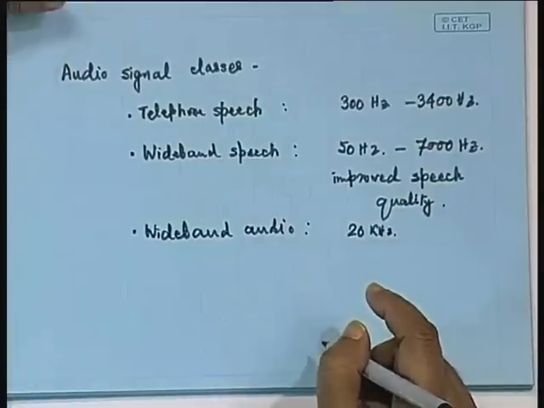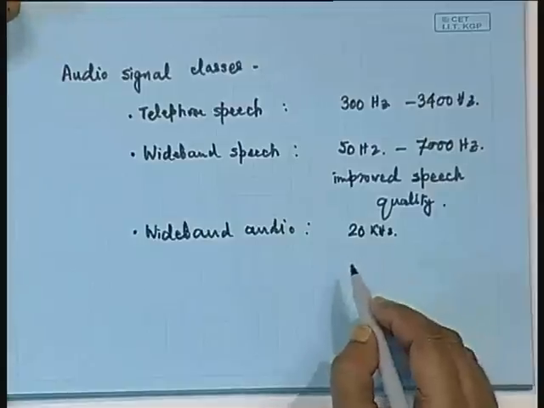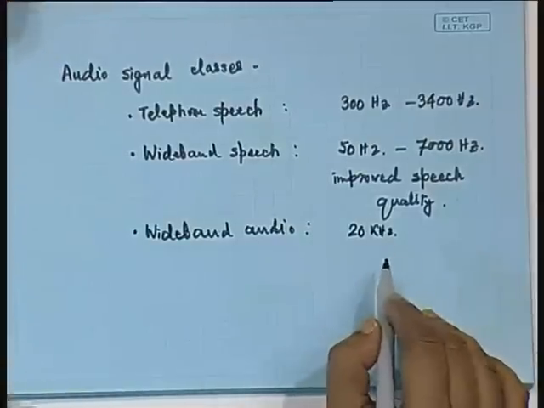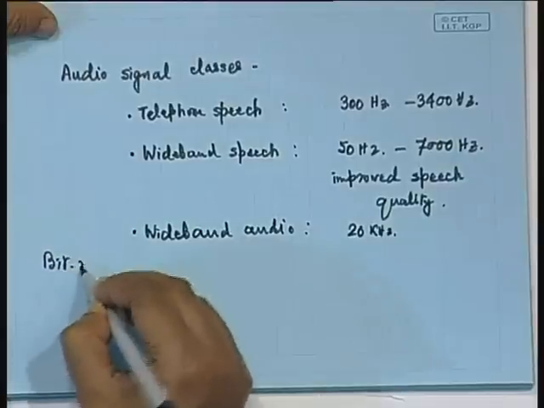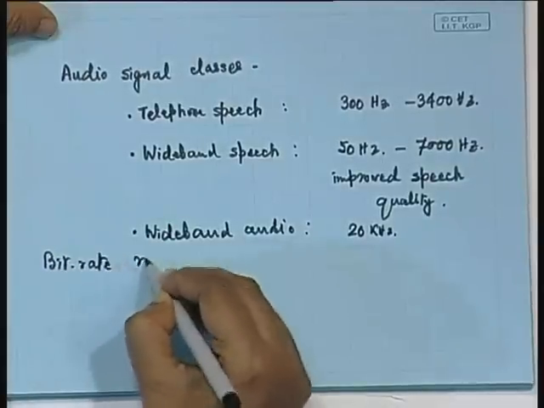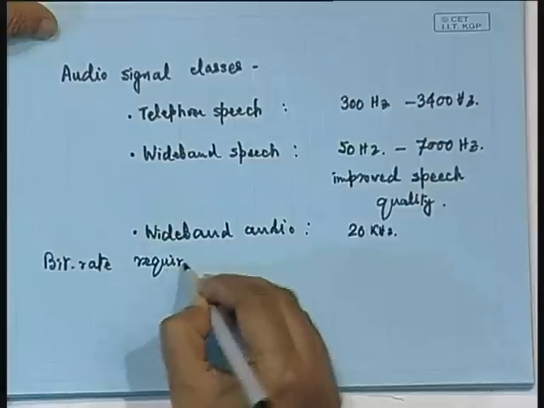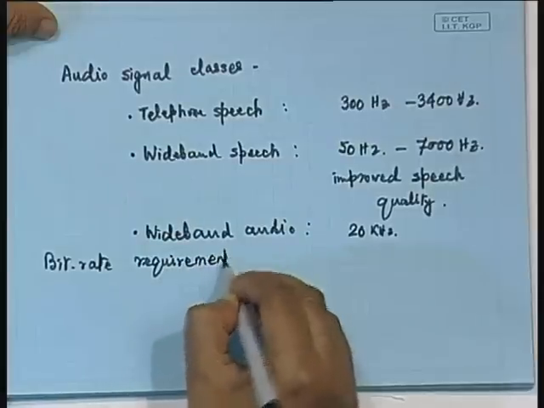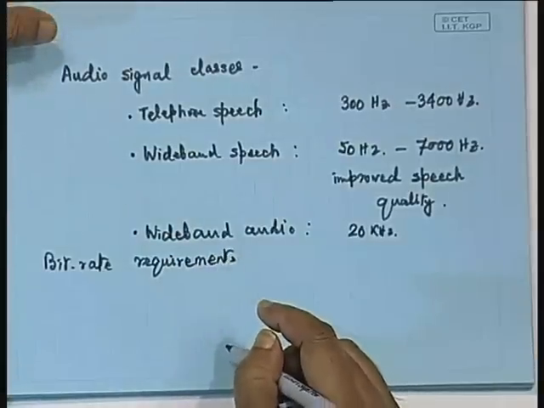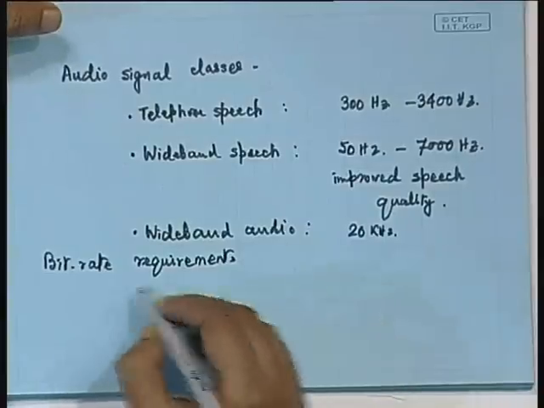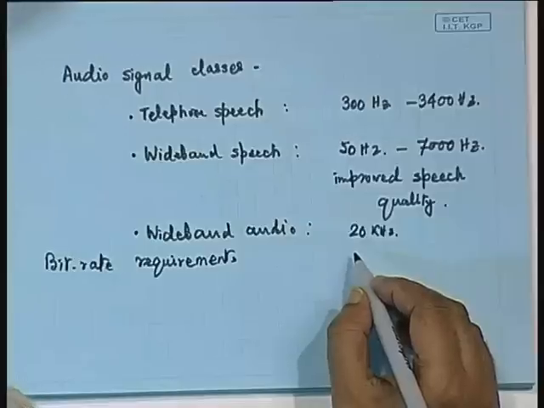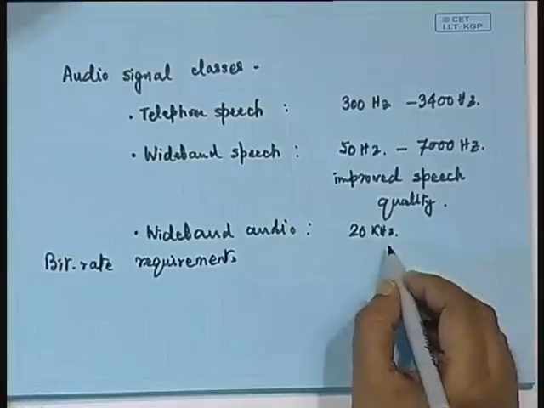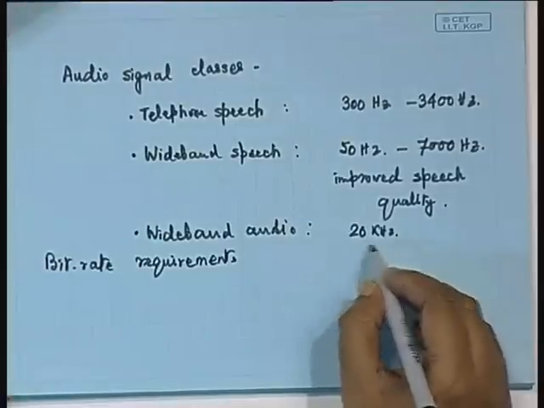So, taking these wideband audio applications, we can calculate the bit rate requirements. In terms of bit rate, because the bandwidth is 20 kilohertz, we have to use a sampling frequency which is higher than 2 times this.